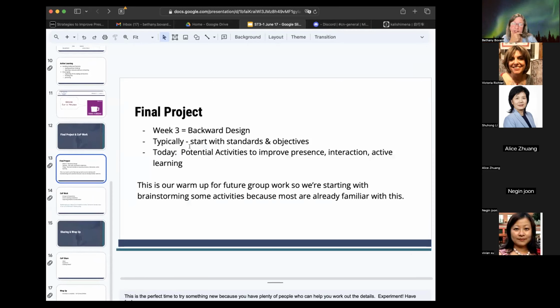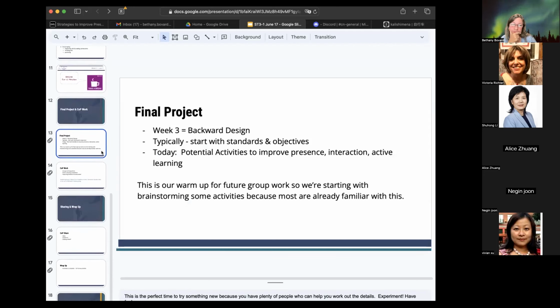Do you have a preference for brainstorming? Okay, let's do it together then.